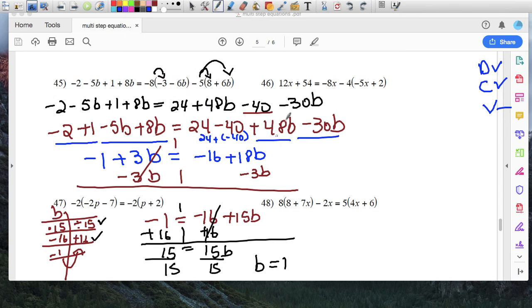Notice that these are equivalent equations, right? This is the same thing as this, and that's the same thing as this, only a simplified version, and that equation is the same thing as this equation, only simplified, right? So you could theoretically do your check here in this equation, which is much smaller.